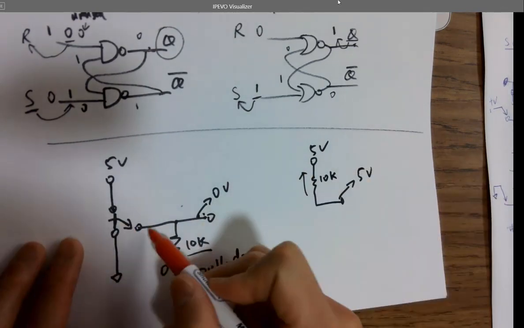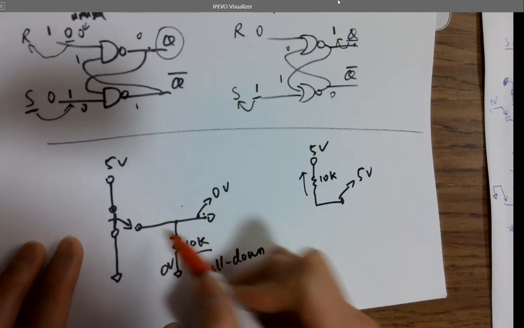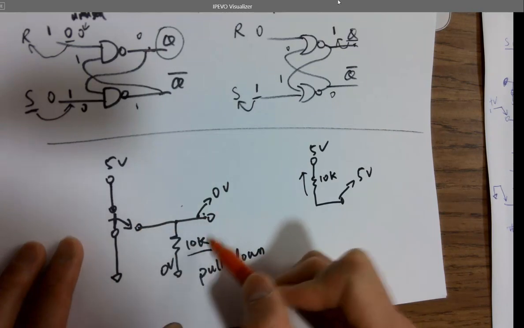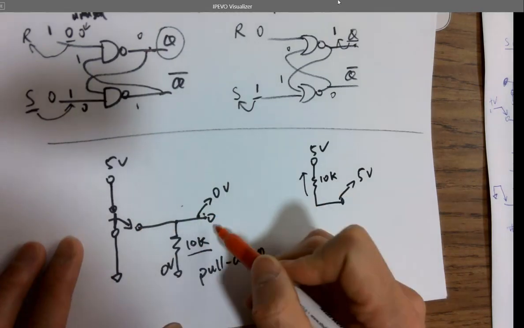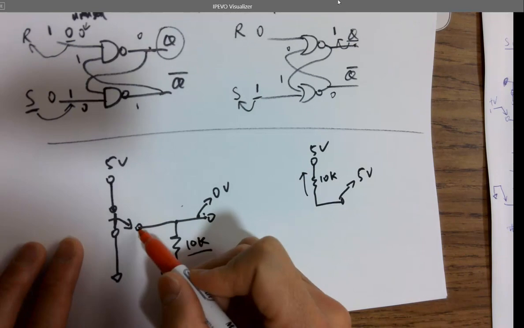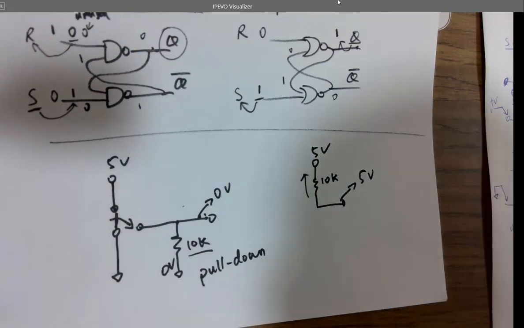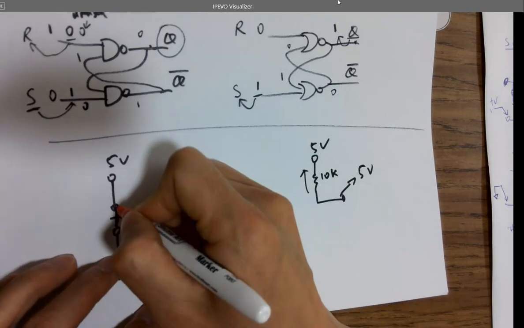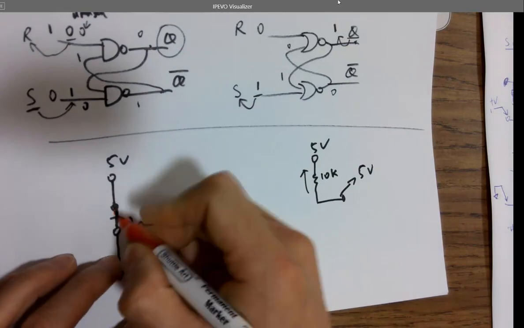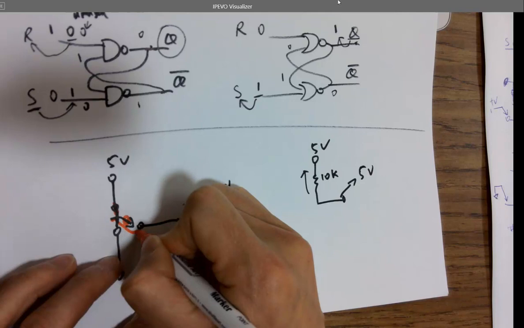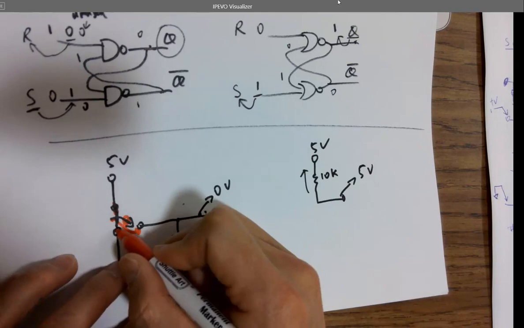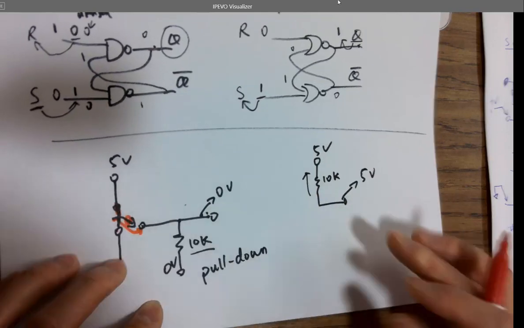Before I switch it here, the terminal's voltage was what? Wait, did I? If I switch it there, it's still going to be 0. So you probably want to connect this pin here, right? Start switching this one here. Disconnect this point, but this is still connecting here.